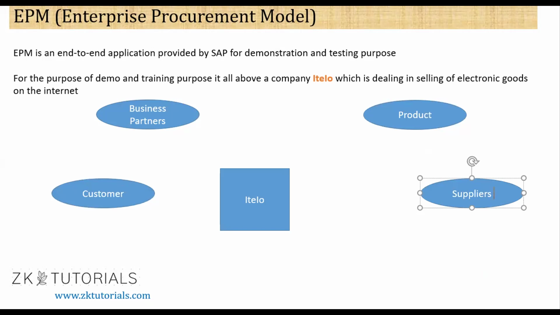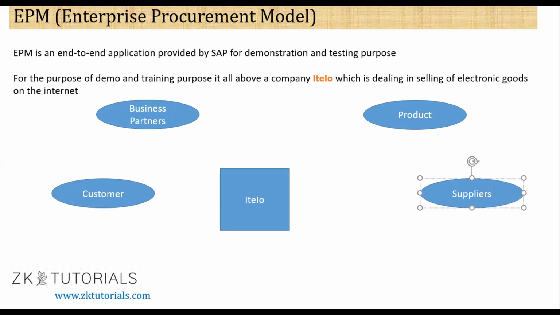Imagine you are shopping online, say on Amazon. You will go ahead and order an iPhone or an Android phone. An order gets created, and from ITEIO's perspective, this is nothing but a sales order.